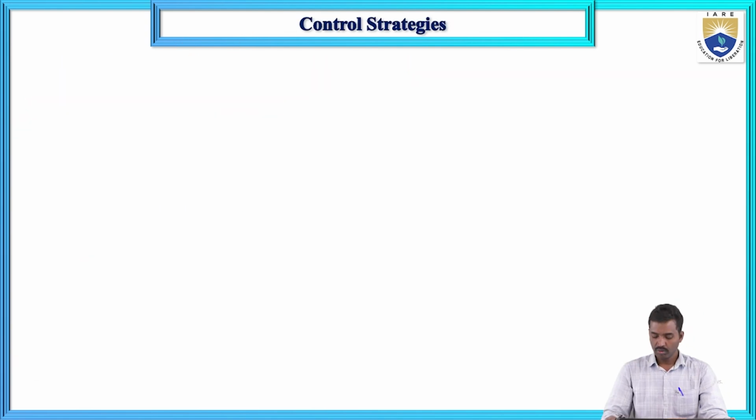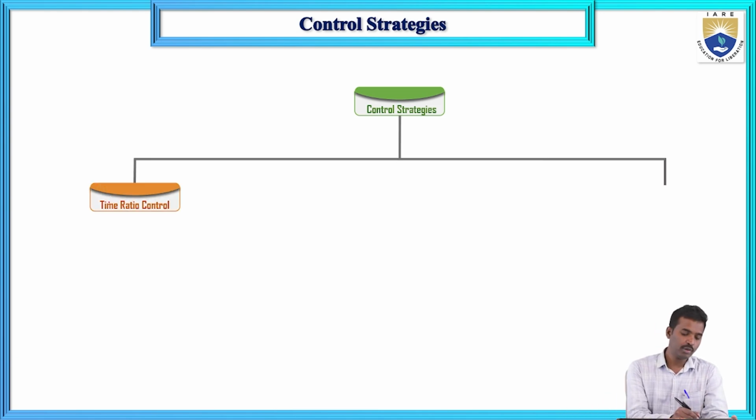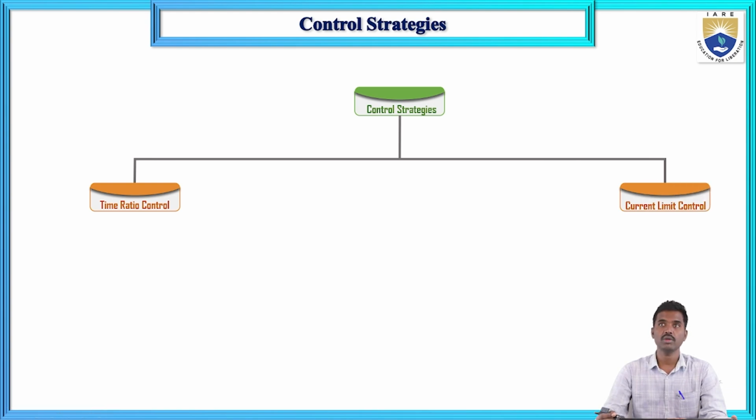So now control strategies. There are two types of control strategies, and the output voltage can be changed by using these two. The first one is the time ratio control strategy, and the second one is the current limit control strategy.